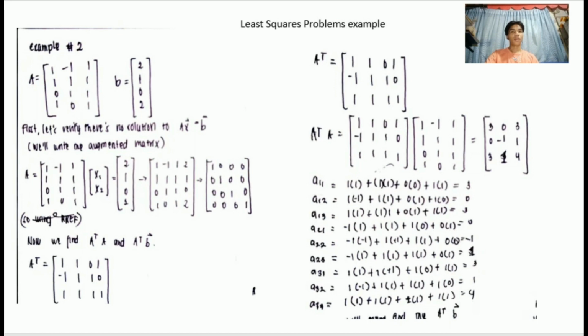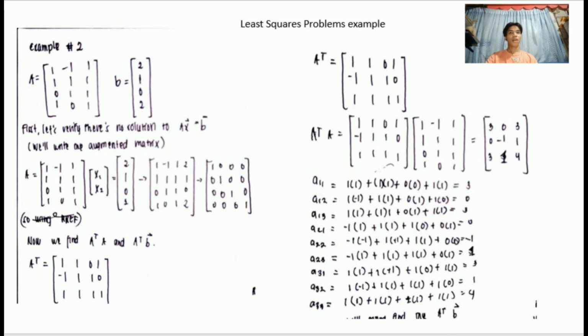So as for our example number 2, still about the least squares or solving least squares problem, we have here our given A, column 1 equals 1, 1, 0, 1, and column 2 negative 1, 1, 1, 0, and 1, 1, 1, 1. So we just need to repeat the steps that we did a while ago.